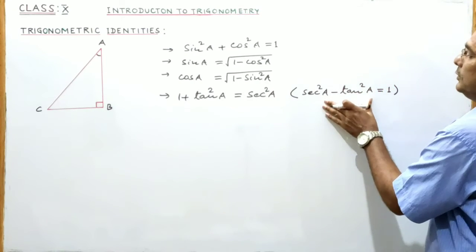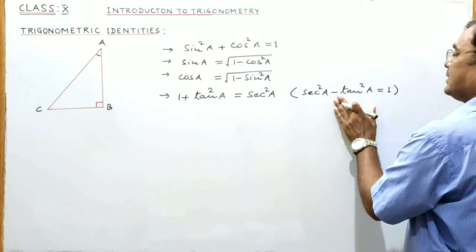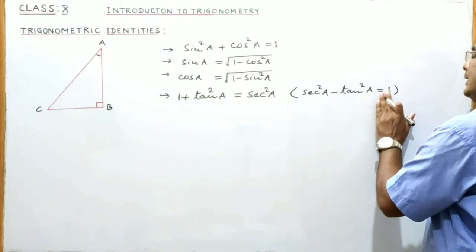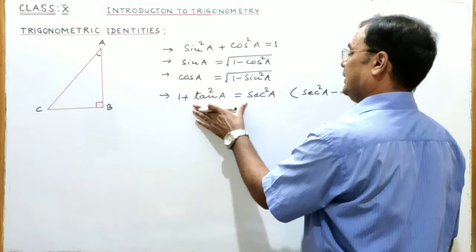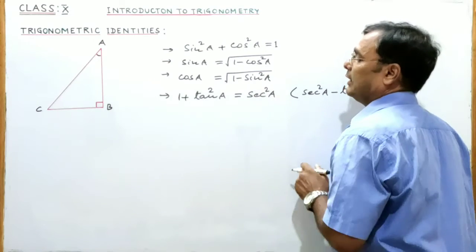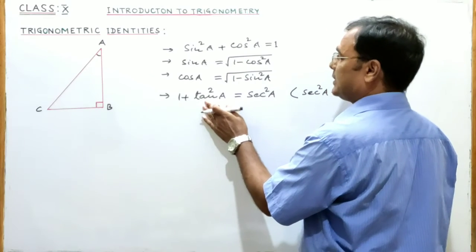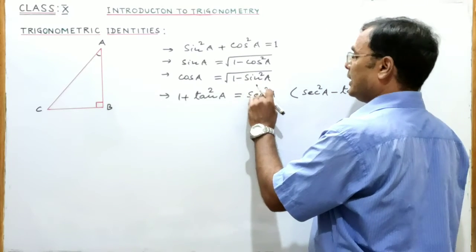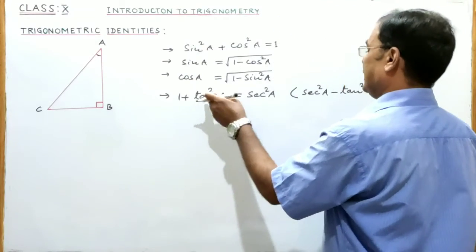This is also an identity, and actually sec square minus tan square of acute angle A equal to 1 is this identity, 1 plus tan square A is equal to sec square A. From this identity also tan square can be expressed in terms of sec square, and sec square is already expressed in terms of tan square.